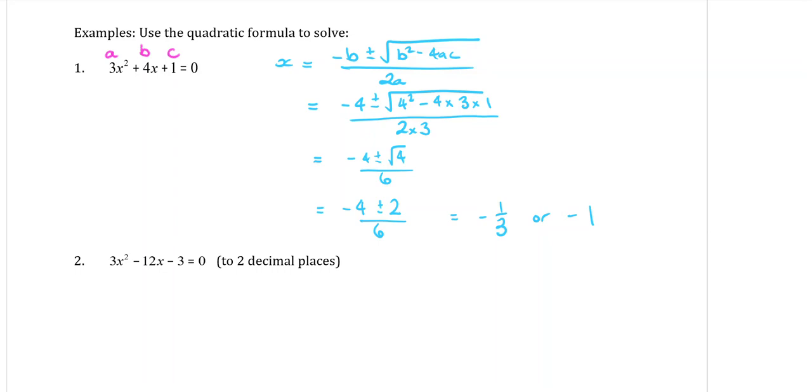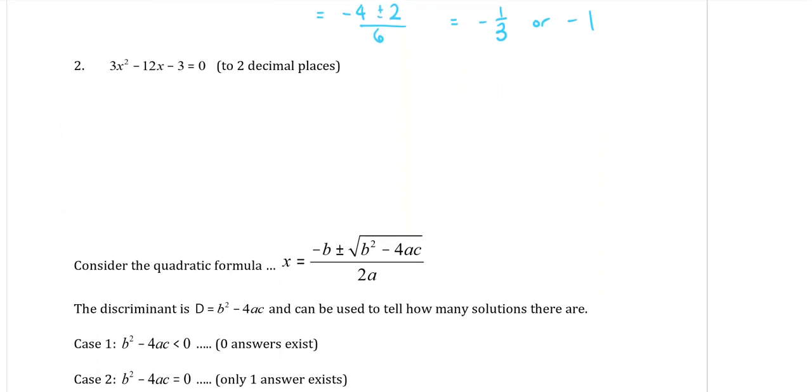Now, not very many questions that ask you to use the quadratic formula come out with such nice answers, because that means that we probably could have factorized that equation. But that's okay, let's try the next one, and we're going to do the quadratic formula again. This time it says to do our answers correct to 2 decimal places.